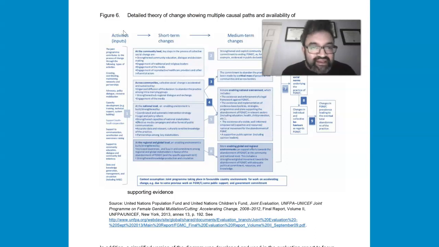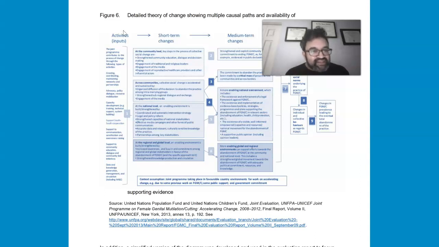Coordinating, maintaining, creating networks and partnership, advocacy, policy dialogue, resource mobilization, capacity development. So just on the ground training, technical support, systems building, and support for South-South cooperation.